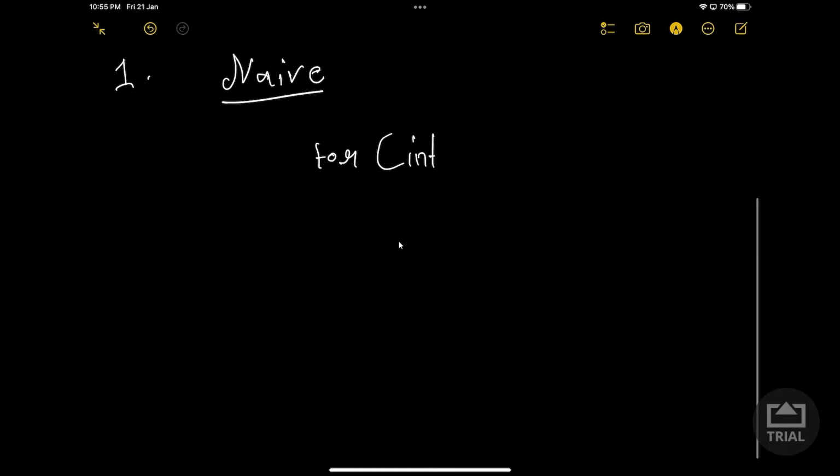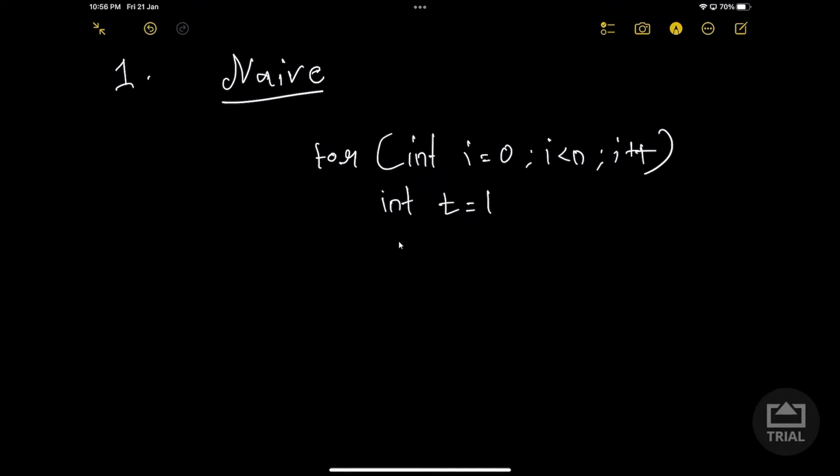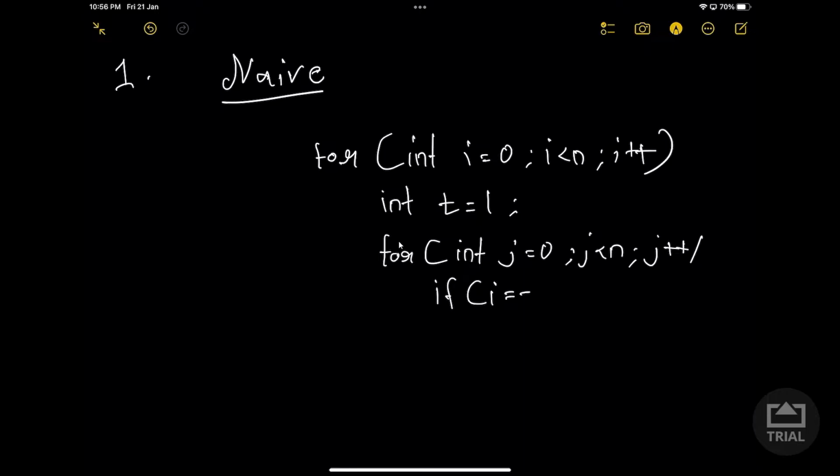For int i equals 0, i less than n, i plus plus, we will take a variable, suppose t equals 1, and what are we going to do, another loop for int j equals 0, j less than n, j plus plus, and we will put a condition.